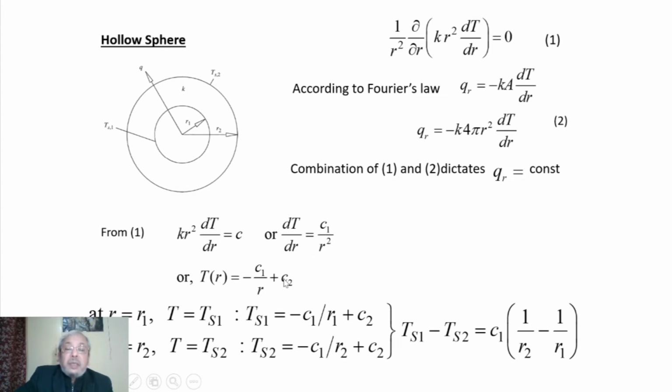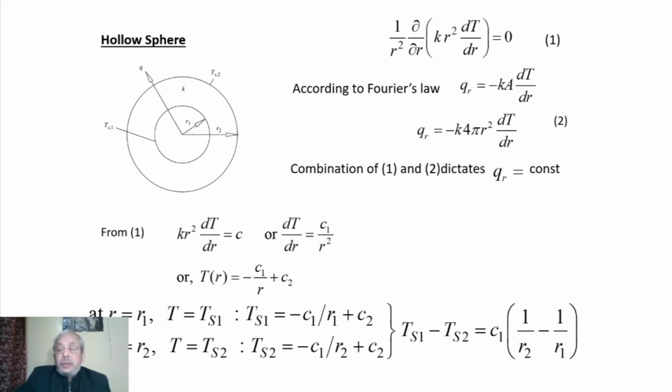At R equal to R1, T equal to TS1, so TS1 becomes minus C1 by R1 plus C2, and at R equal to R2, T equal to TS2, so TS2 becomes minus C1 by R2 plus C2. From these two, we get TS1 minus TS2 equal to C1 multiplied by 1 by R2 minus 1 by R1.